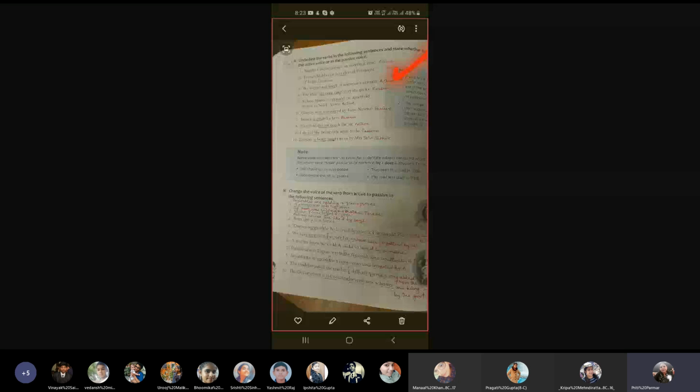I'll tell you through one example in Exercise B. Can you see the fifth sentence? We'll go to all the other sentences later, but just to tell you what this means, come to the fifth sentence. We have forgotten our war heroes. Now this is in active voice and we are changing it into passive.